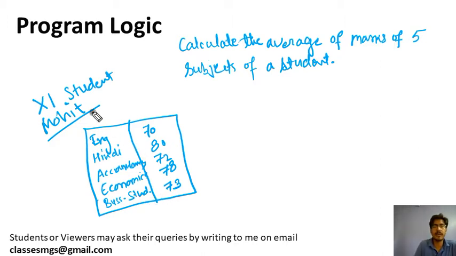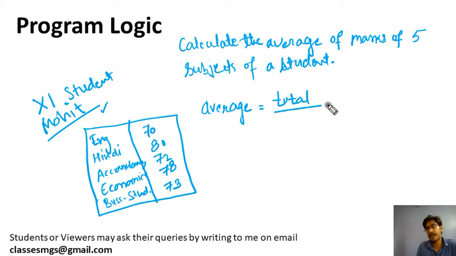So these are the marks of a student, Mohit, who is studying in class 12. Now your task is to calculate the average of marks. What is average? How do we calculate the average? Average means total divided by number.